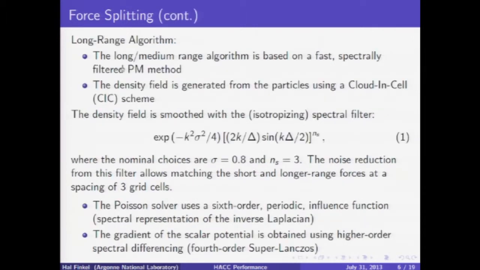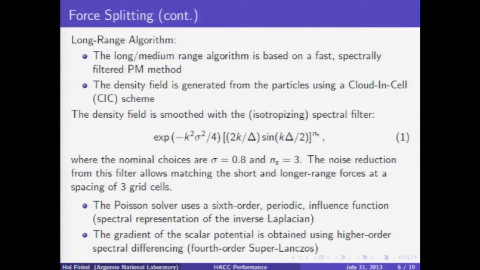Just to give a little bit more detail about the long-range solver, to give you some idea of what's going on: in order to compute this force, there are a bunch of different things that have to go in. I bring this up only to say that sometimes the most naive thing to do is not always the best thing to do.